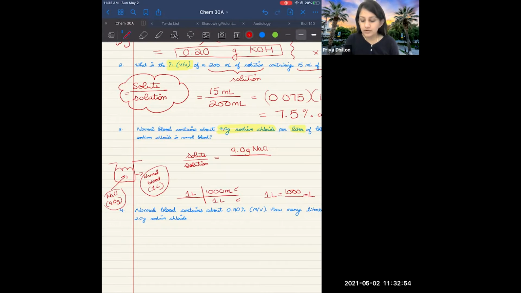And then we put 1 liter on the bottom so we can cancel it out. So in the end, how many milliliters of normal blood am I going to have? 1,000. Yep. Okay. So make sure you keep working on these problems.